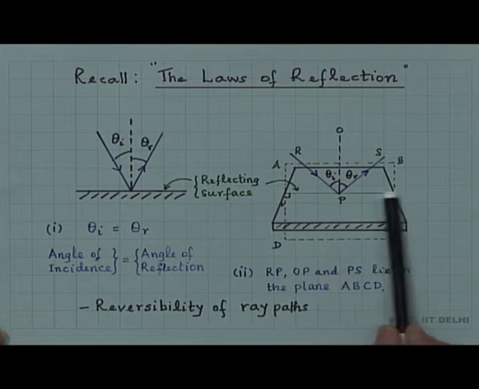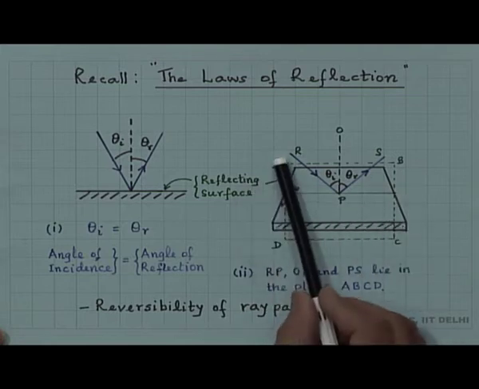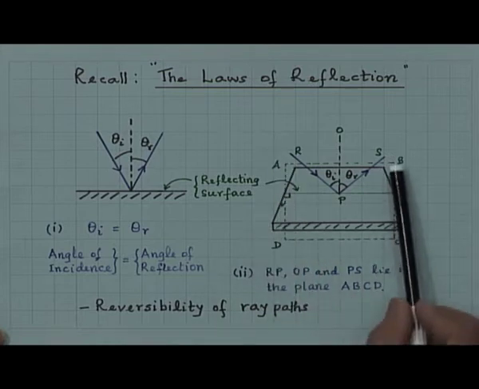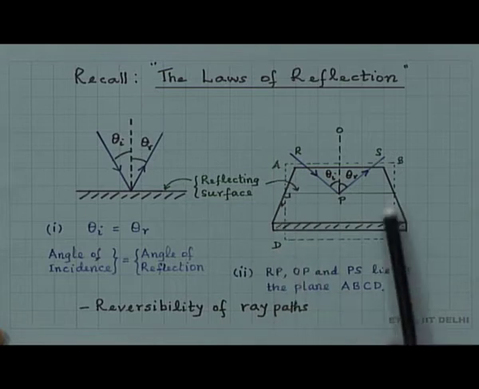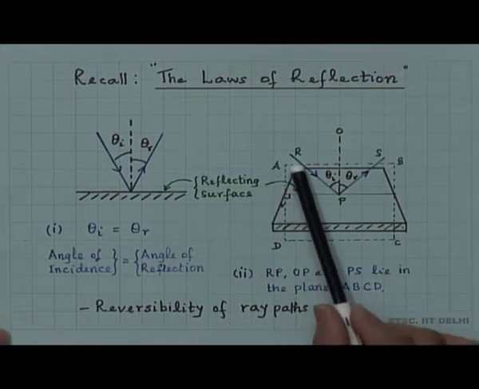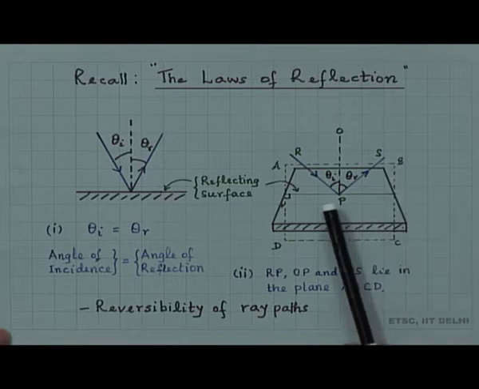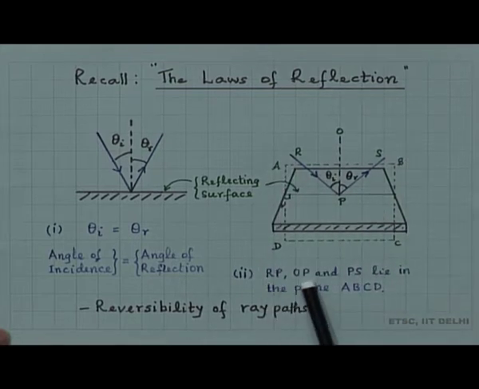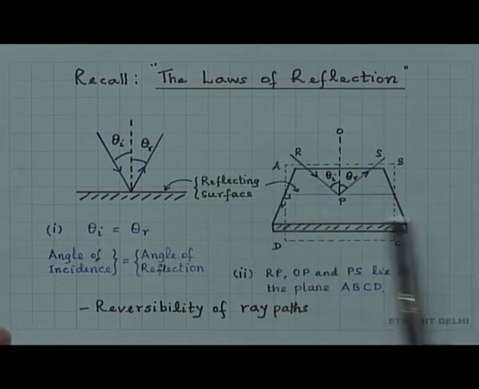The line here is a perpendicular line, and A B C D is a plane perpendicular to the surface of the mirror. So, the second law about reflection is that the incident ray, the reflected ray and the normal to the surface at the point P all lie in the same plane. R P, O P and P S lie in the plane A B C D, which is perpendicular to the surface of the mirror.